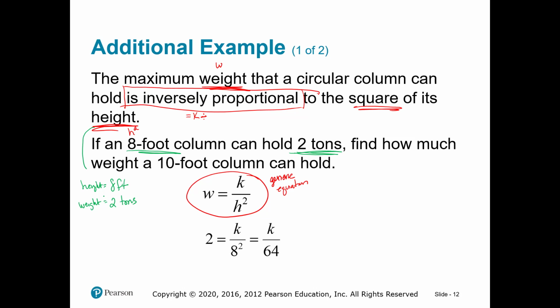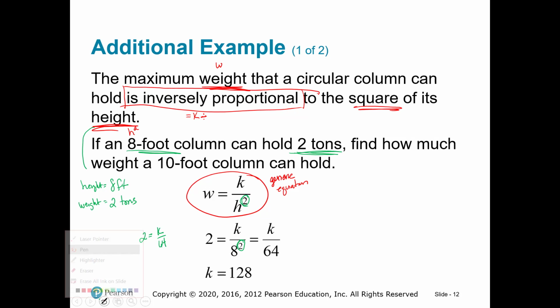Which explains why my next part of this looks like us substituting in the 2 for the weight, the 8, but the 8's got to be squared. Since it's height squared, you got to square this, which means it looks like 2 equals k over 64. You with me? Okay, you know what you got to do to get k by itself, right?